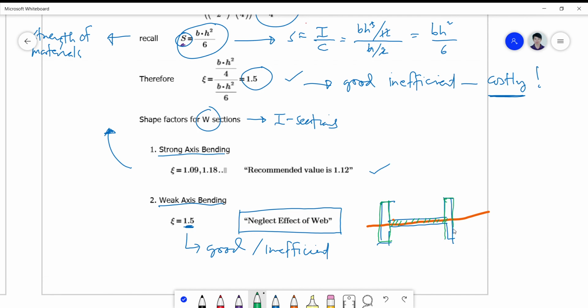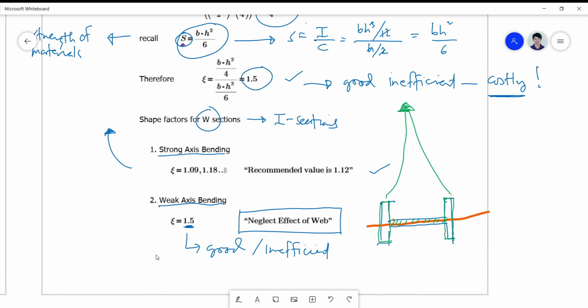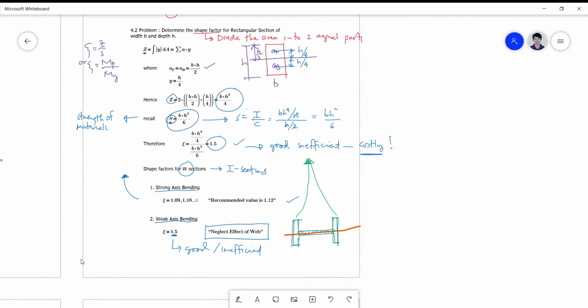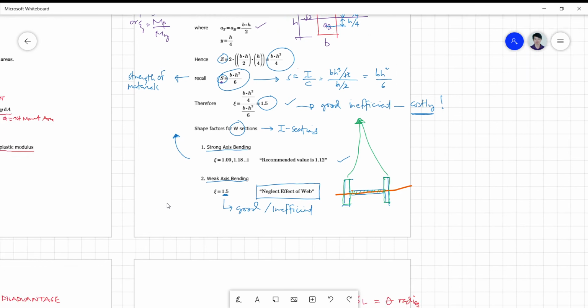It's like I just have separate rectangular shapes, and this is the same as the rectangular section we derived earlier. So it is good, but it's not a very efficient section when it comes to bending.